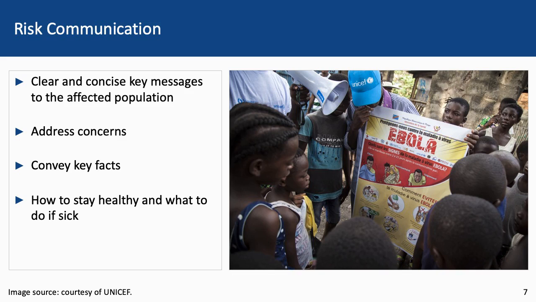Communicators have the responsibility to convey key facts that will empower community members to minimize risk and remain safe from communicable disease. This includes specific information in plain language on how to stay healthy and what to do if sick. Pictured here, a member of UNICEF provides key facts using a poster to a community in West Africa during the Ebola outbreak. When you have a moment, consider some of the challenges you might face in this activity and what you would do to address them.